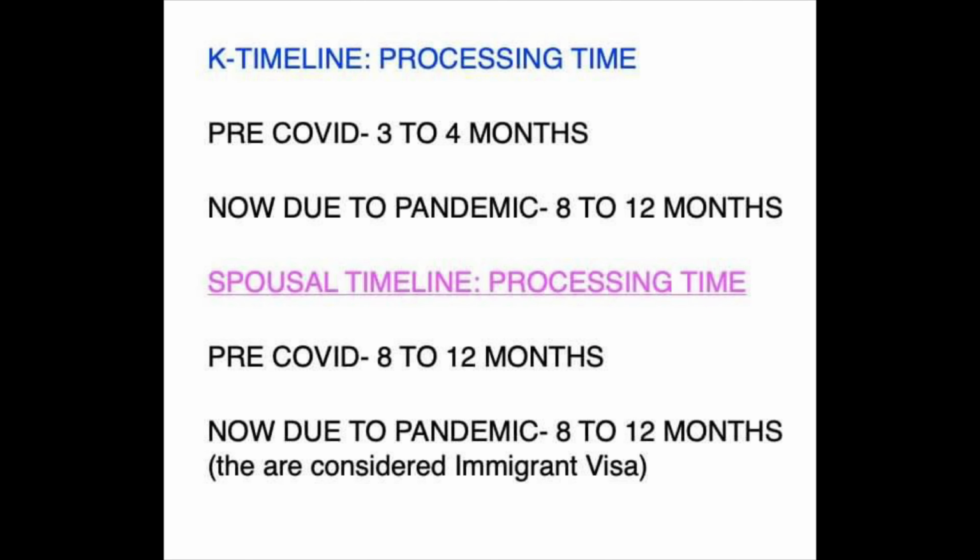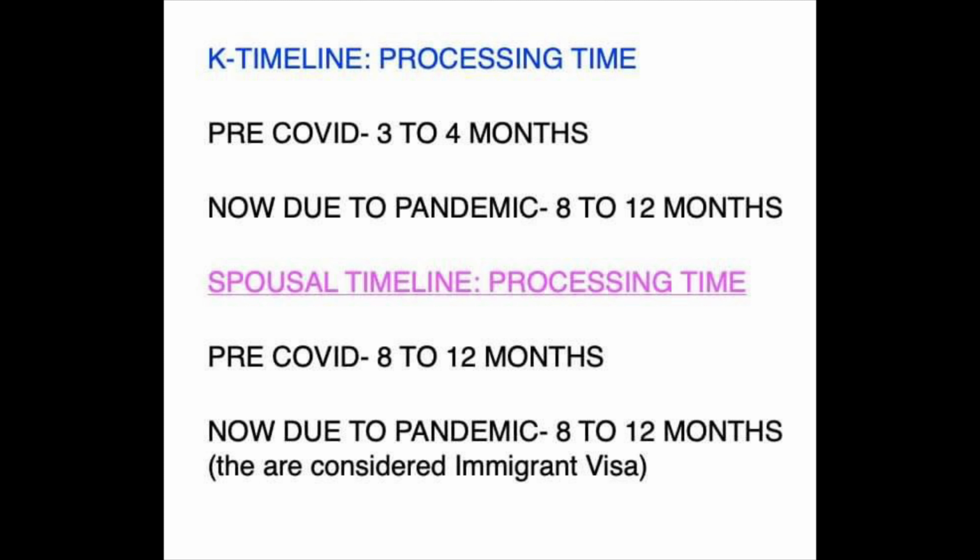But before the pandemic, before COVID, the approval timeline for K1 was only around 3 to 4 months. Now, during the pandemic and in this 2022, because of so many backlogs, the approval timeline for K1 is around 8 to 12 months, with normal processing without expedite.